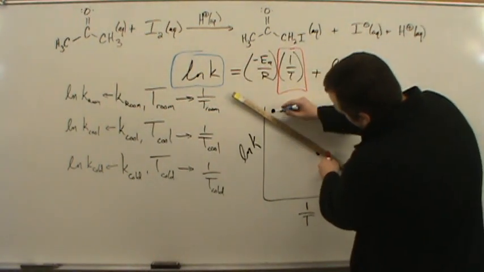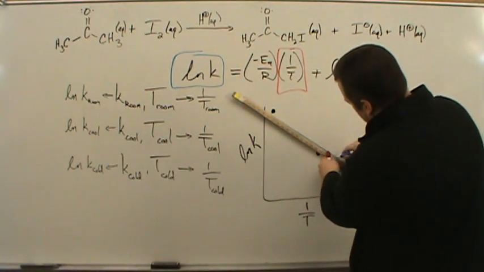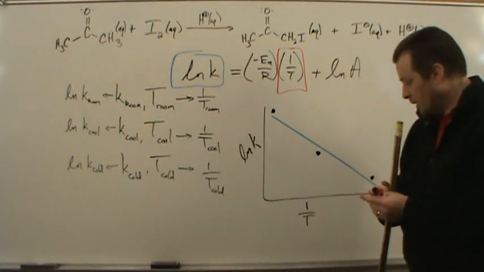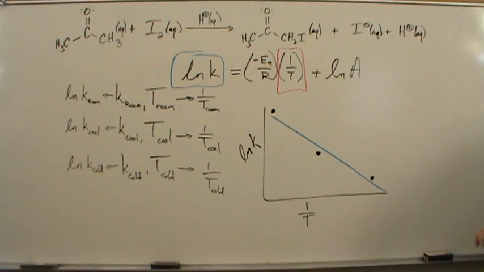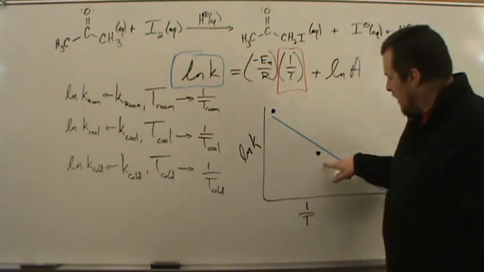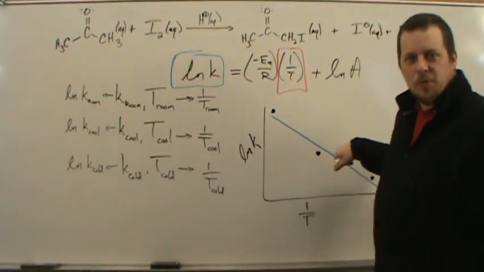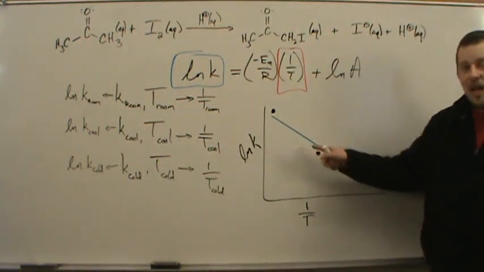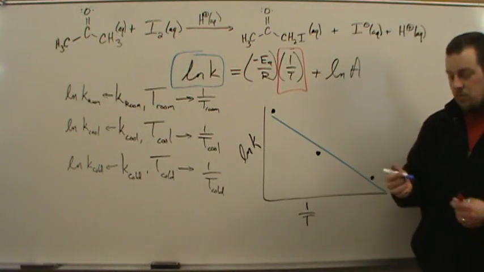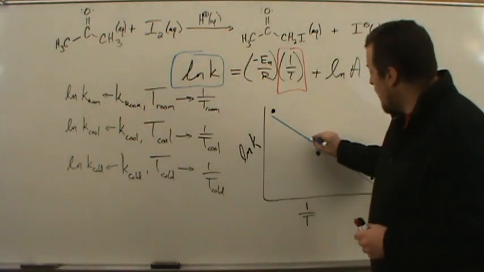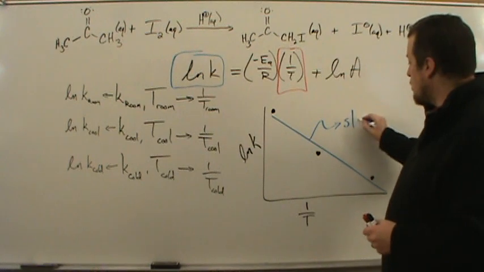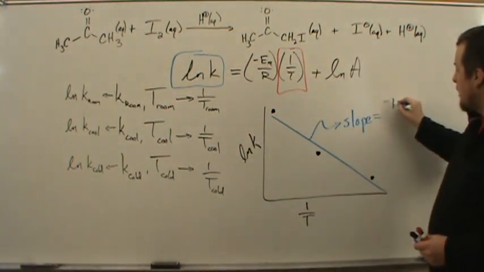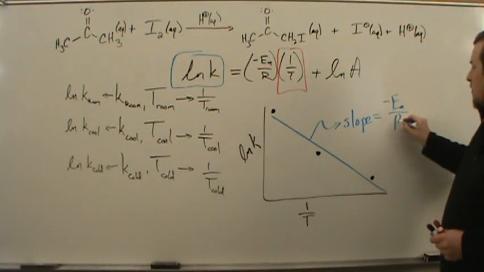But if I fit a line to those 3 points, now the slight variations from experiment to experiment aren't as big of a problem because the fit of the line levels them out. From that fit, we should be able to get the slope, and the slope we said from our equation is equal to negative EA over R.